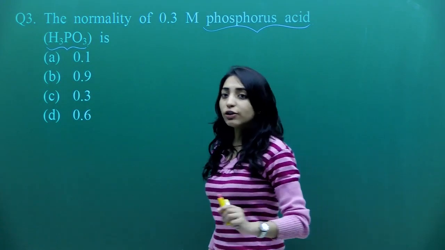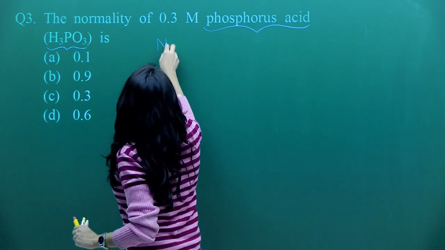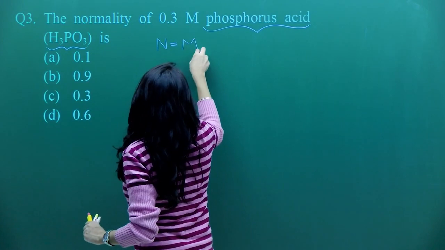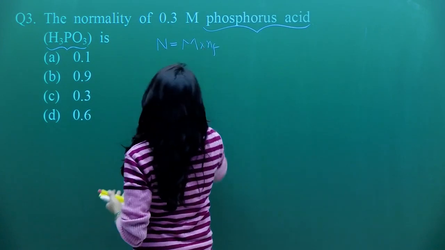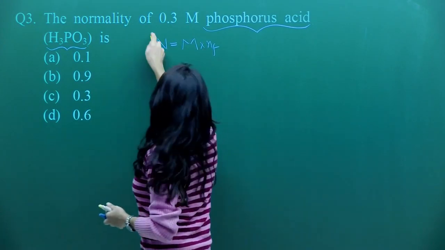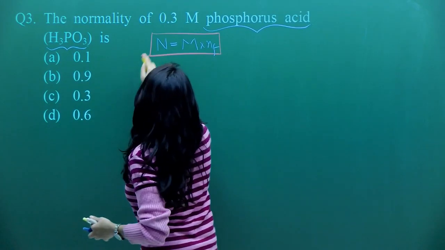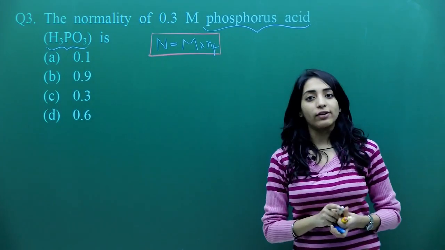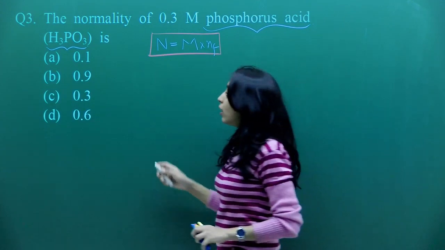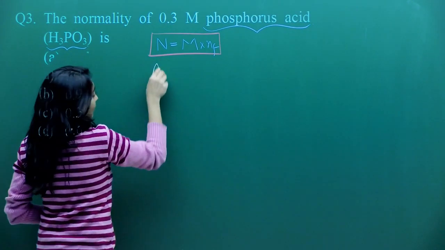And guys, in the videos you have learnt that normality is equal to molarity multiplied by n factor, right? So if you know the molarity, you can write normality as molarity into n factor. Now what is n factor?